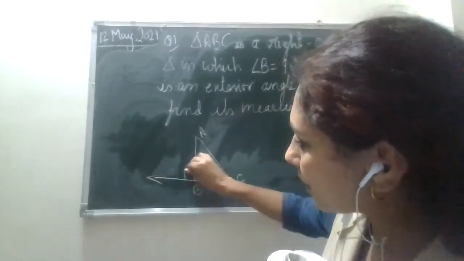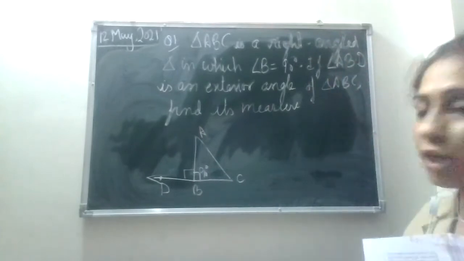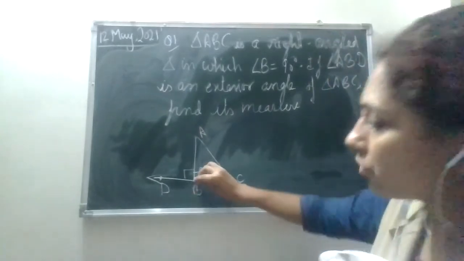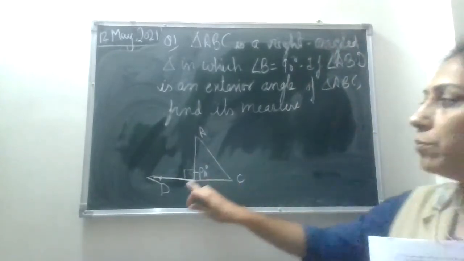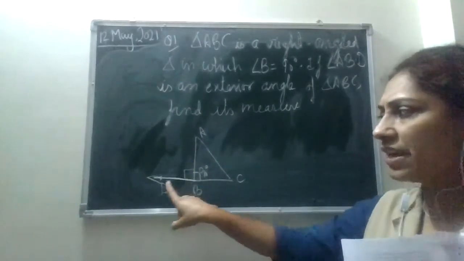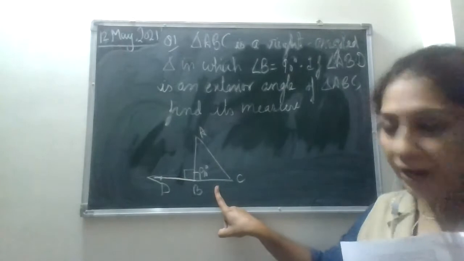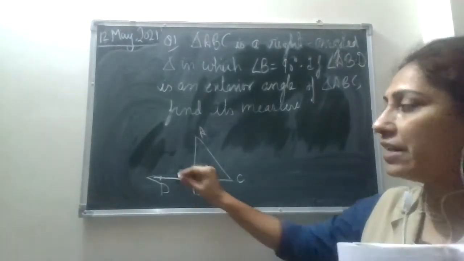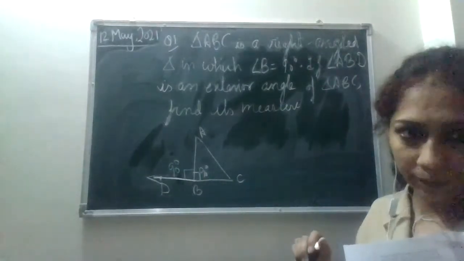Here it is making an exterior angle. Can you tell me the measure of angle ABD? You know that on a straight line it forms 180 degrees. So obviously this is 90, and to complete the sum of 180 degrees, it should be 90 degrees, right?